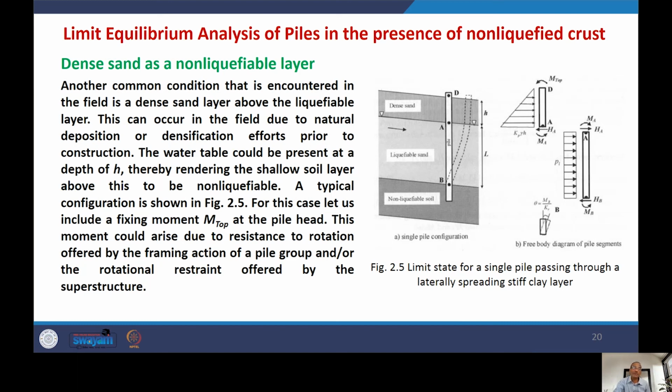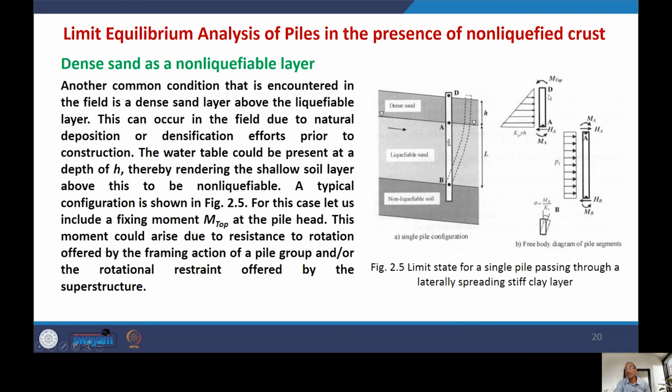The water table could be present at a depth of H, thereby rendering the shallow soil layer above this to be non-liquefied. So the water table is at the junction where the dense sand layer and the liquefiable sand are. That means if the dense sand is dry, the chances of liquefaction decrease very much. So for this case, let's include a fixing moment, called M top, at the pile head.